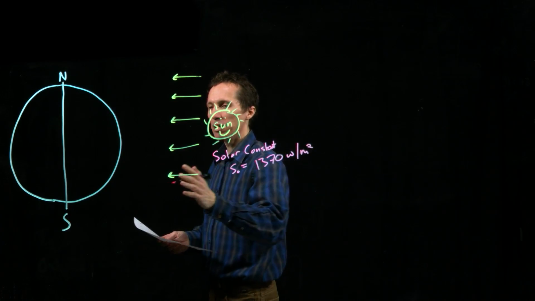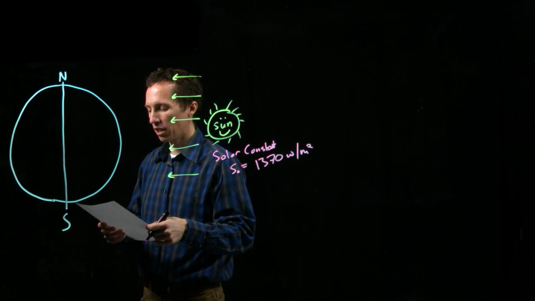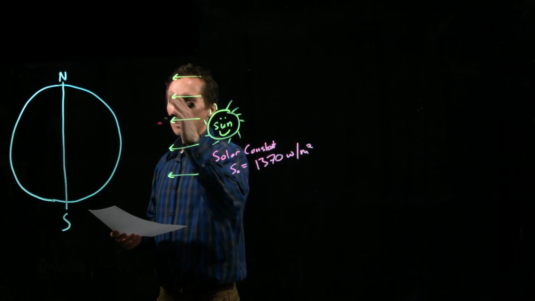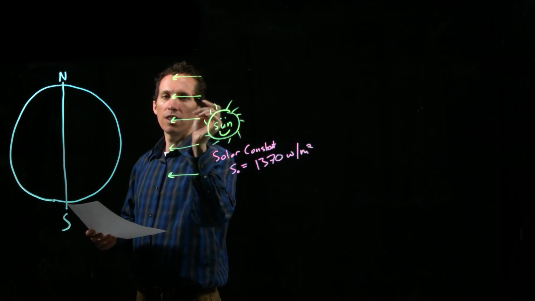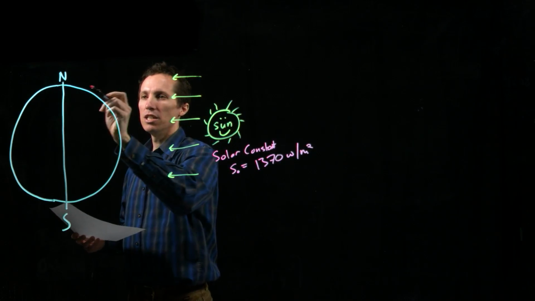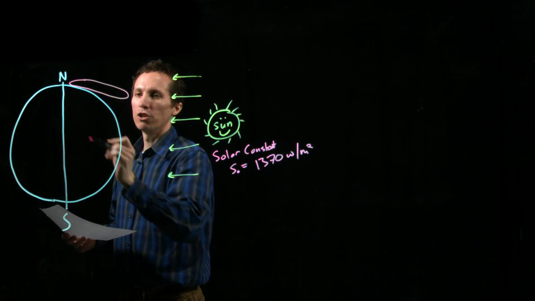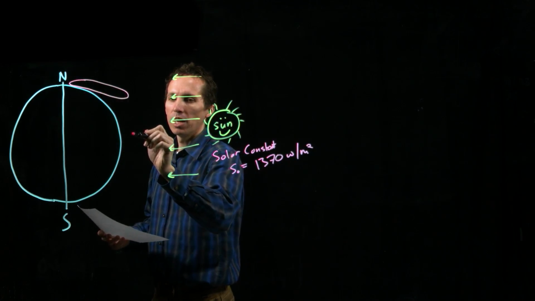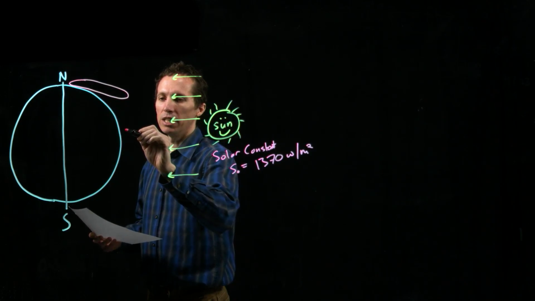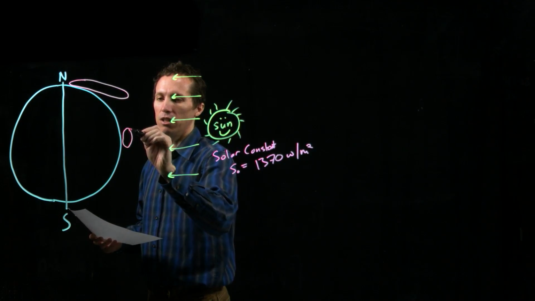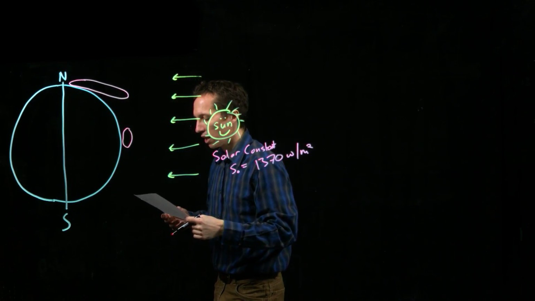What happens, though, is because of the shape of the Earth and the fact that the Earth is a sphere, at the high latitudes, this incoming energy is spread out over a larger surface area than it is when it's coming in at the low latitudes near the equator.